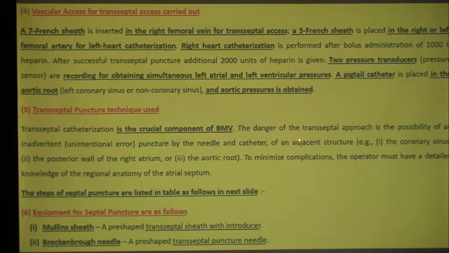What are those adjacent structures? Number 1, coronary sinus. Number 2, the posterior wall of the right atrium. Number 3, the aortic root. To minimize complications, the operator must have a detailed knowledge of the regional anatomy of the atrial septum.